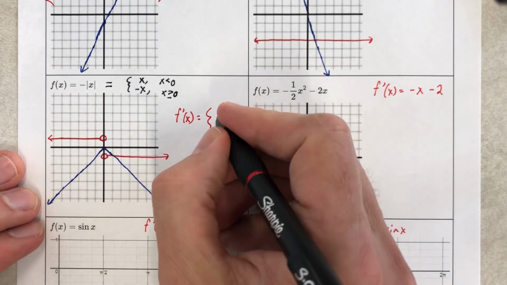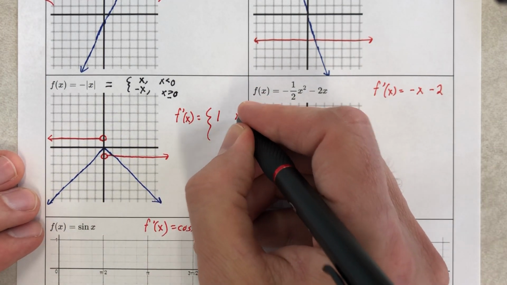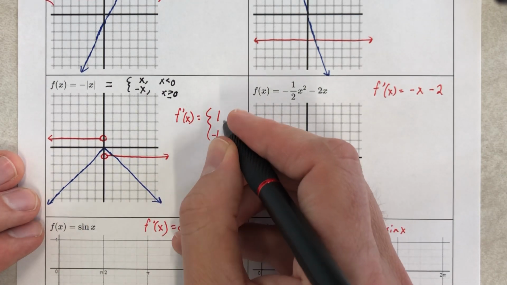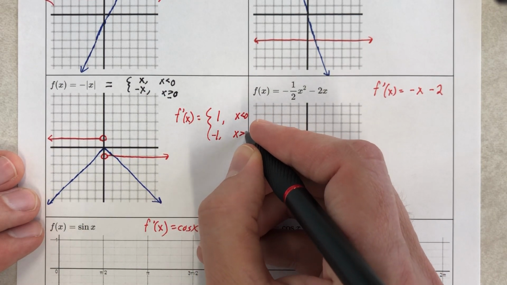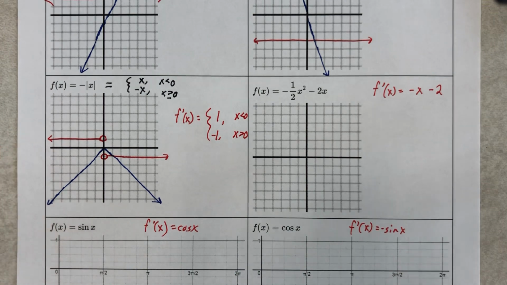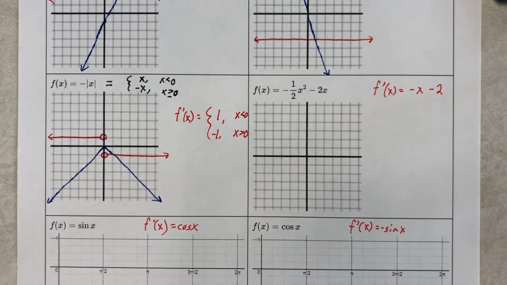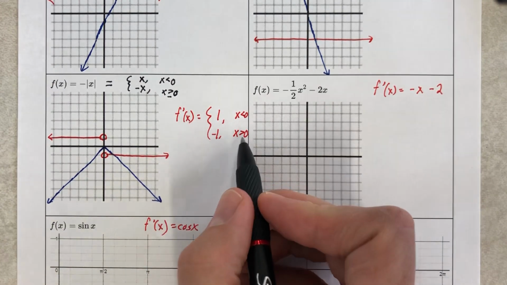The slope of this first piece is 1, and this applies for x values less than 0. The slope of this piece is negative 1, and it applies for x values greater than 0, but not equal to, again, here's why, the slope technically does not exist at x equals 0. So we can't say that the derivative exists at 0.